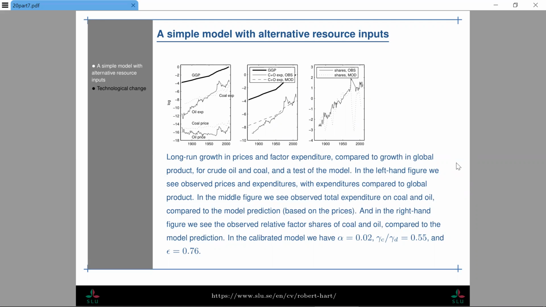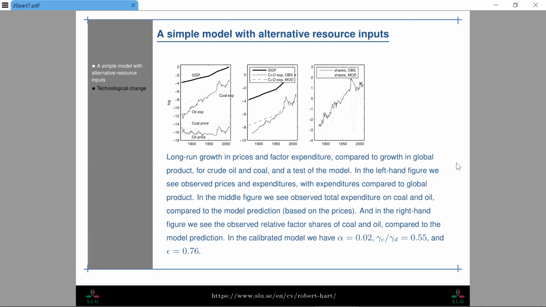And in the left-hand figure, we've got prices. At the very start, in like 1870, the oil price is similar to the coal price. And then it goes down from 1870 through to 1970. The oil price is declining relative to the coal price.